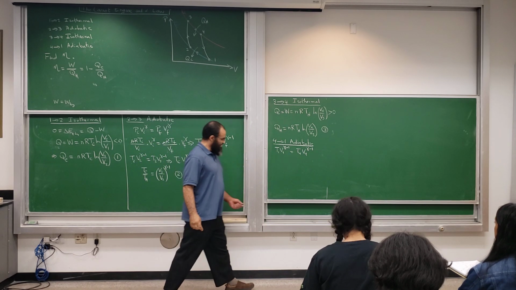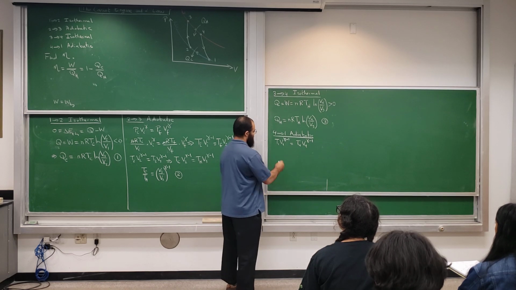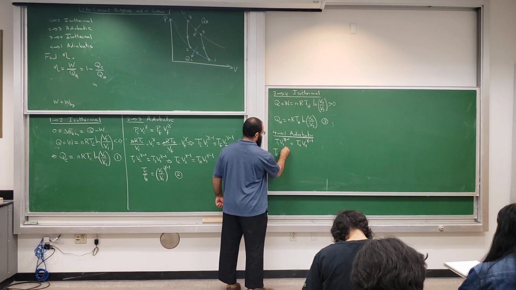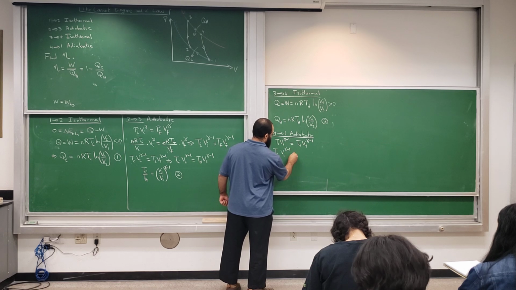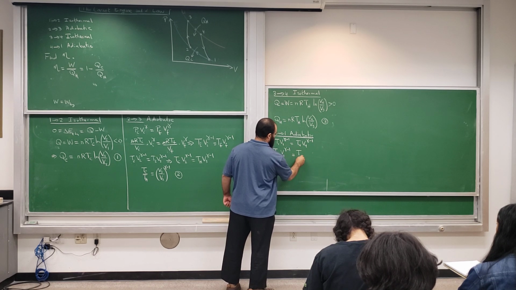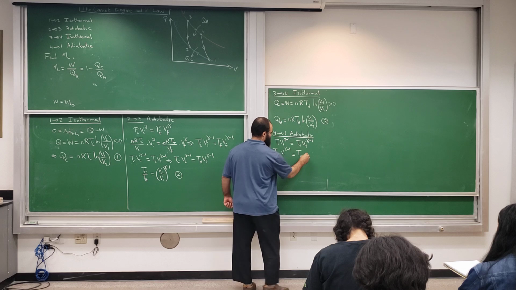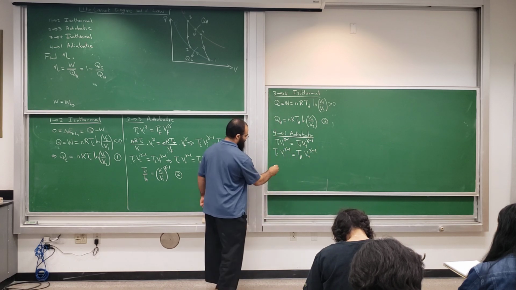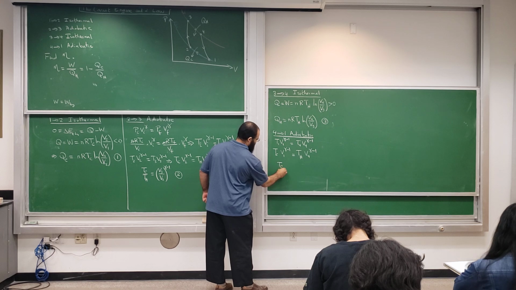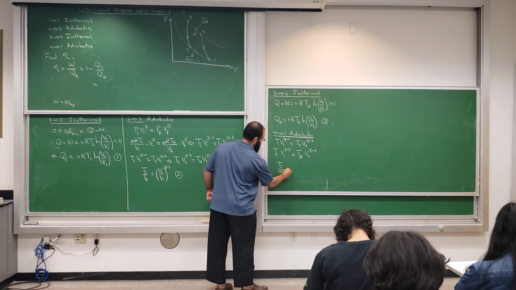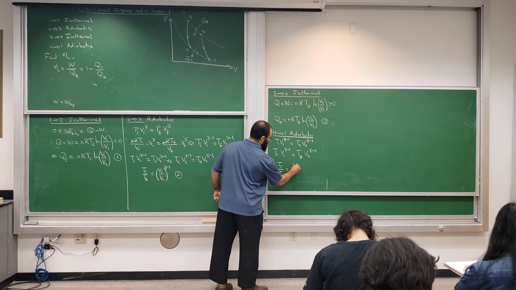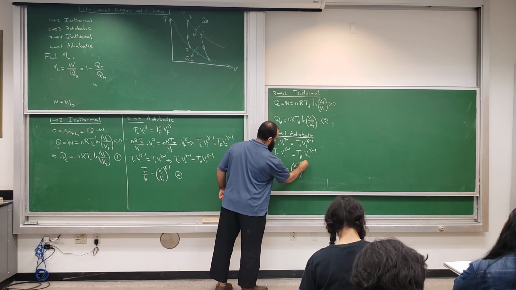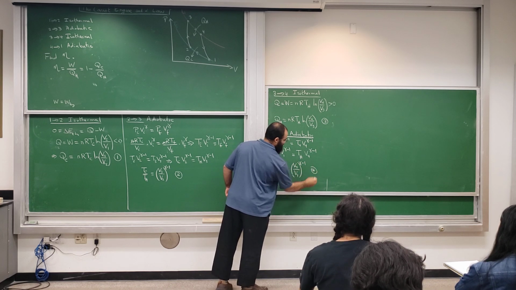Now what's T1? TC. Okay. TC V1 to the gamma minus 1 equals, and then T4 is T hot, right? TH V4 to the gamma minus 1. And so I get TC over TH equals V4 over V1 to the gamma minus 1. And this is equation 4.